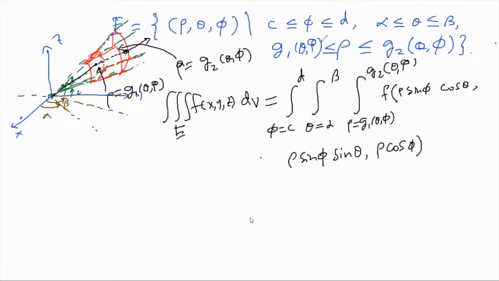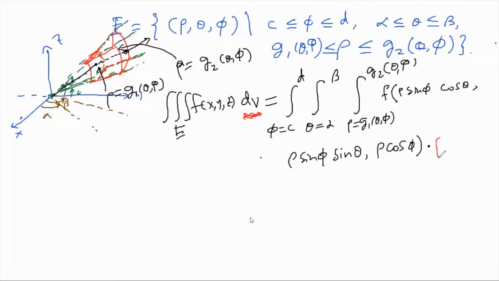Now this is interesting. What will happen to dV? You might ask, okay, so for cylindrical coordinates, dx dy dz becomes r dz dr d theta, right? Now what will happen to dV here? dV in the Cartesian coordinates is dx dy dz, right? But what will happen in spherical coordinates? I'm going to give you the answer. You might ask why. We'll spend a whole section next week, I mean next section, that will discuss why this is true.